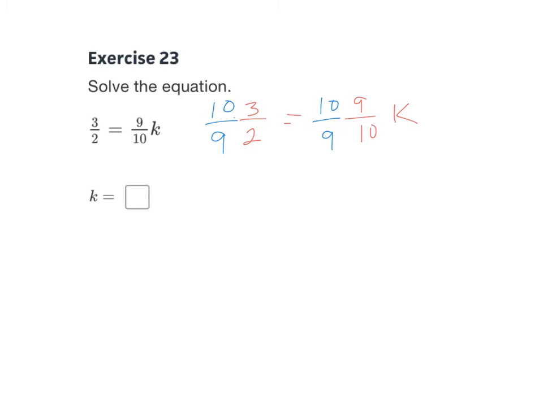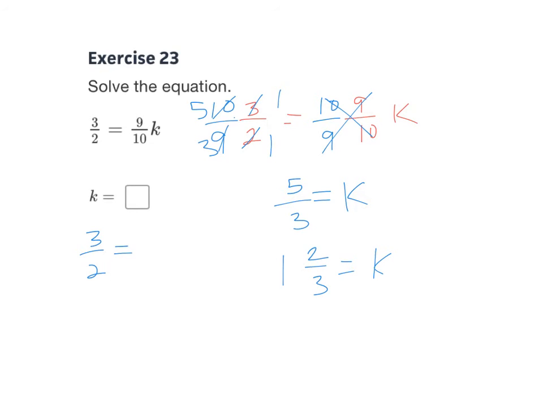So over here, 10/9 times 9/10, that would be 90 over 90, which is 1, and 1 times k is k. I can do some cross canceling. 2 goes into 2 once, 2 goes into 10 5 times. 3 goes into 3 once, 3 goes into 9 3 times. 5 times 1 is 5, 3 times 1 is 3. I get 5 thirds. You could also rewrite that as a mixed number, which is 1 and 2 thirds is equal to k.